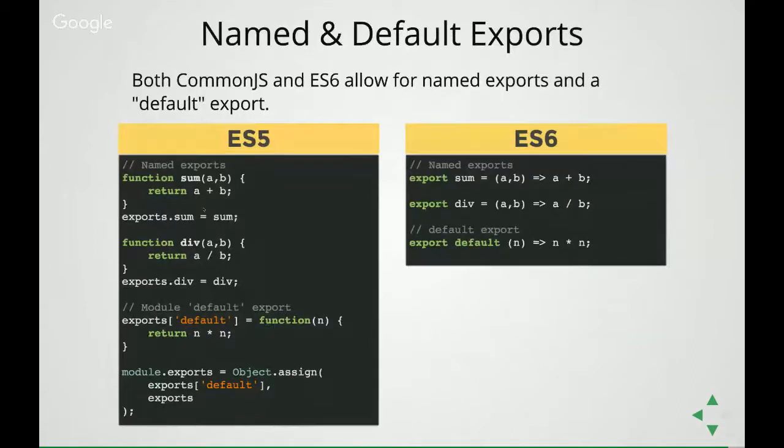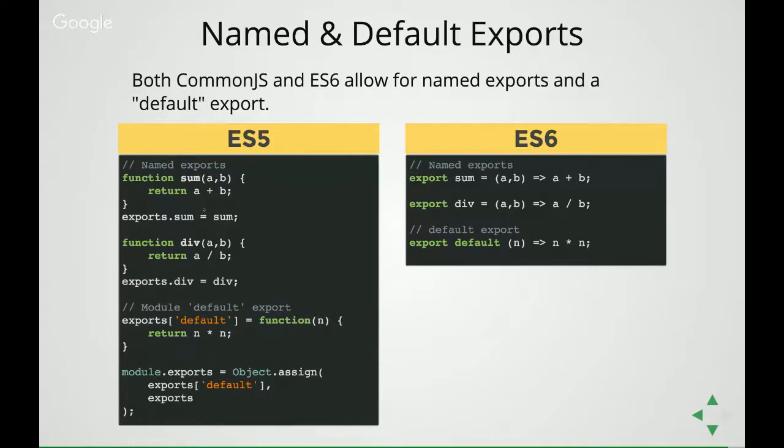Now, we can also do named and default exports, right? If we look at CommonJS land, our named exports are much like before. We actually just assigned the exports object, exports.sum, exports.div. But we can also assign a default export. I'll talk about how that actually gets assigned. The default export is actually the full thing that gets assigned when you do the require in CommonJS.